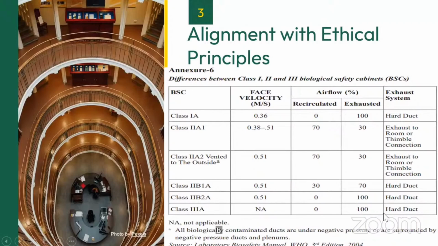The face velocities are 0.36 meter per second and 0.38 to 0.51 meter per second. As for airflow percentages: recirculation in class 1 is not required and 100% is exhausted; in class 2A, 70% is recirculated and 30% exhausted; class 2B1 is 30% recirculated and 70% exhausted; for class 2B2 and 3, 100% should be exhausted.